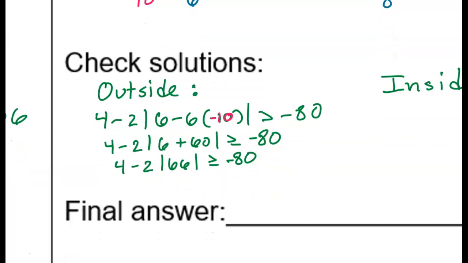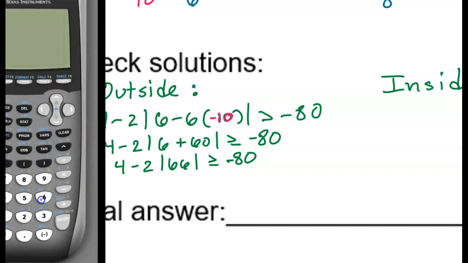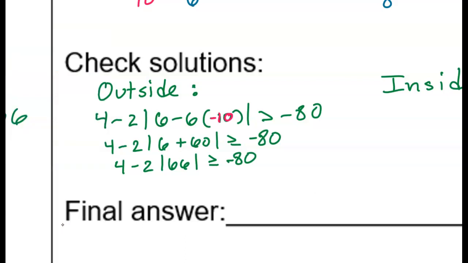Then we take the absolute value of 66, and it just gives us 66, times 2 is 132. So we have 4 minus 132.